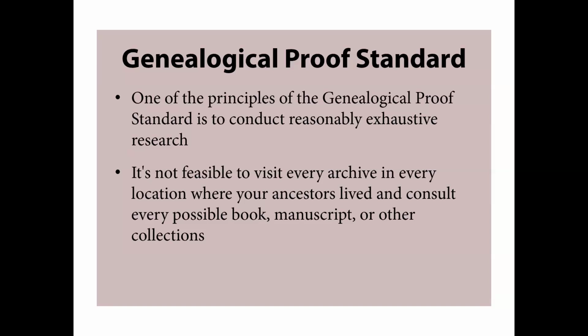And only a small amount of manuscript collections are even available online. So that's why we have to prioritize the sources that are going to give us the most bang for our buck, so to speak, and go to the go-to sources and consult what we can. But sometimes you just can't look at every single item possible.